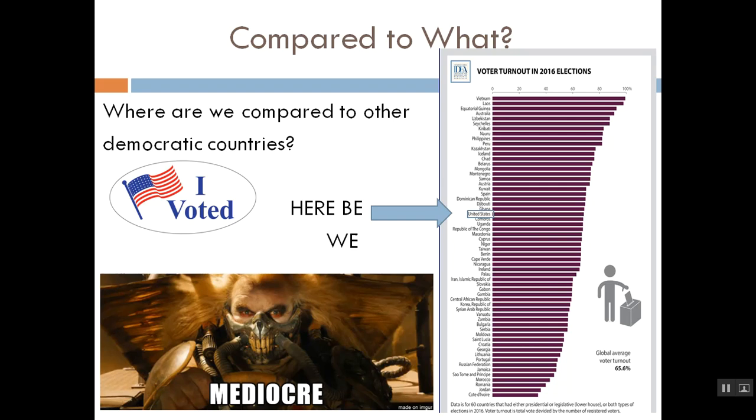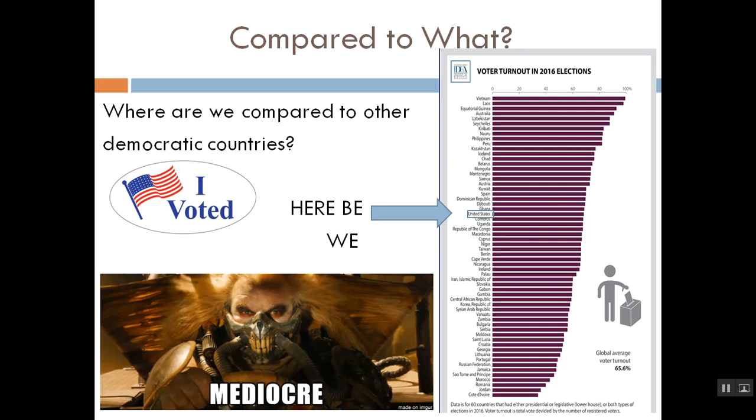So our voter turnout is not especially high, but it's not particularly low. The global average is about 65%, and ours is somewhere around 60%, higher in some years, lower in others. But again, we're very middling compared to other countries.